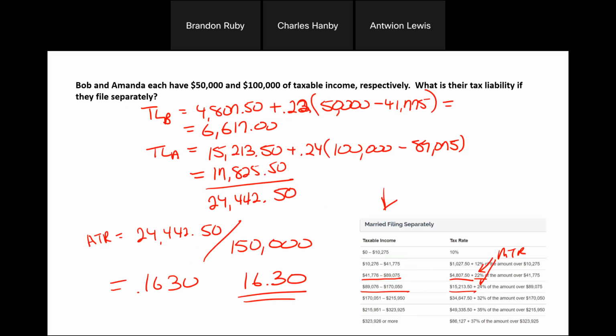They're just going to ask you what the marginal tax rates are or what the average tax rate is in the different situations. The problems on the exam are literally just different versions of these types of problems.